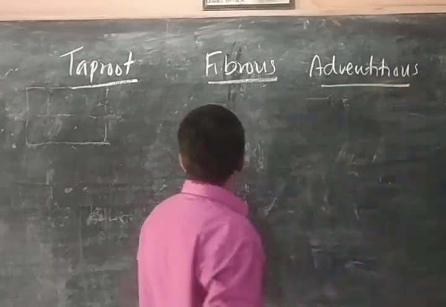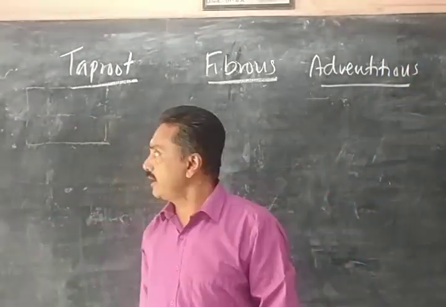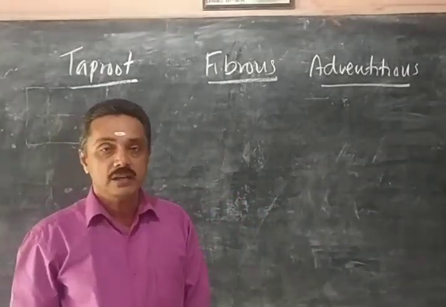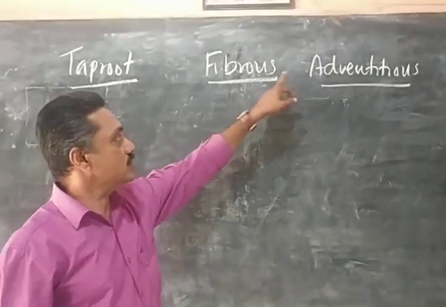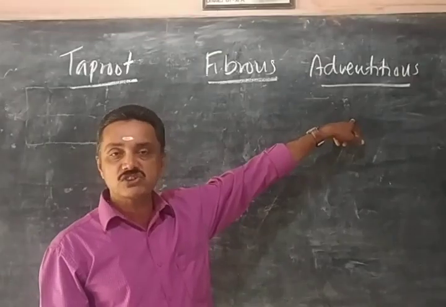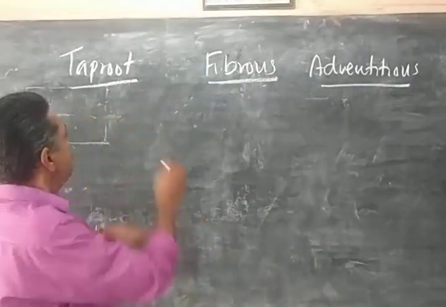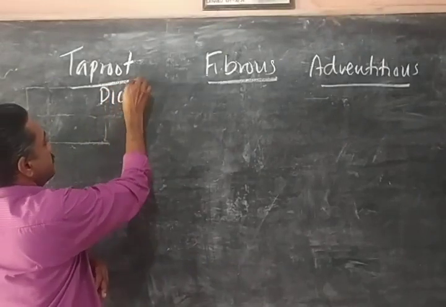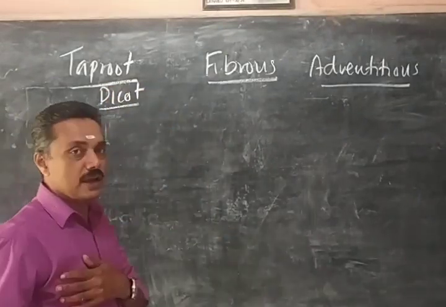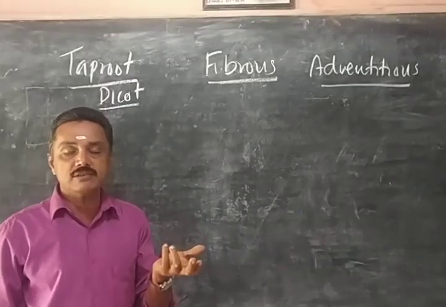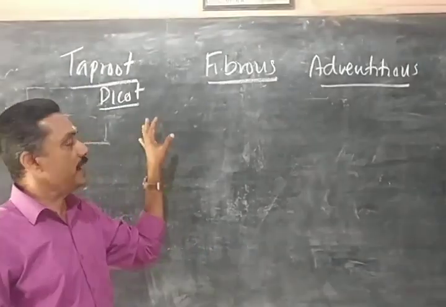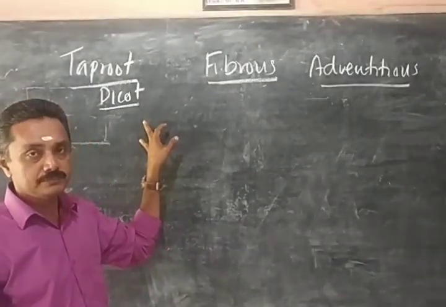There are 3 types of root system existing in angiosperms: tap root system, fibrous root system and adventitious root system. First we come to the tap root system. This is seen in dicot plants. Dicot plants have 2 cotyledons, which we will discuss later. In dicot plants we can see the tap root system.